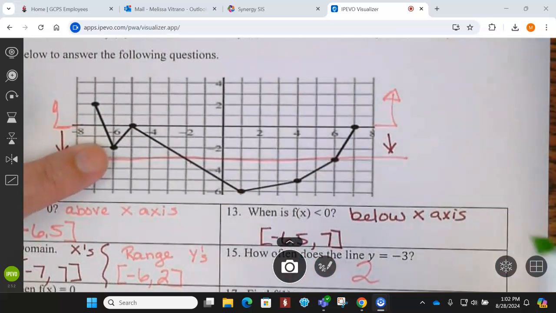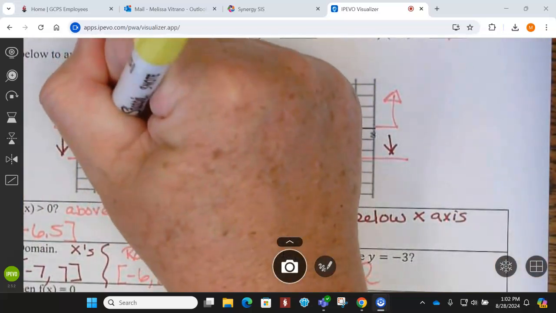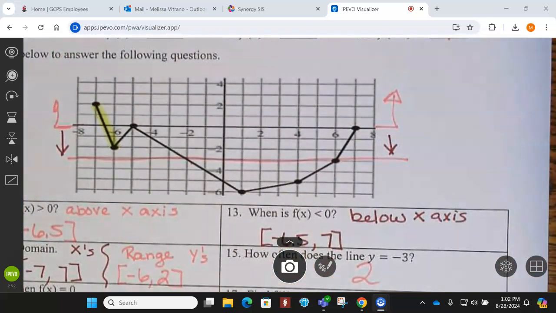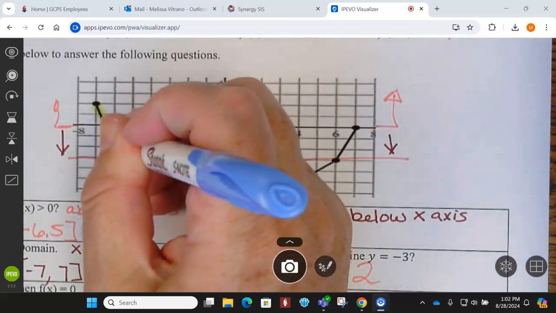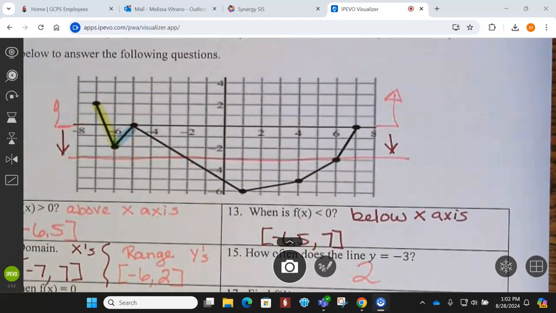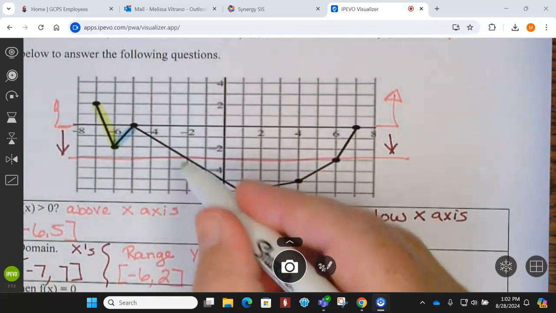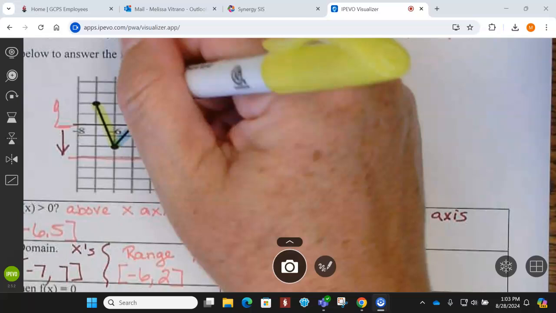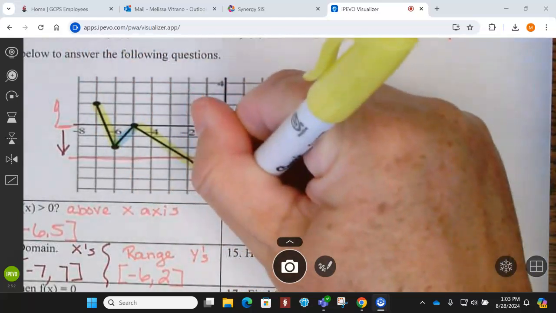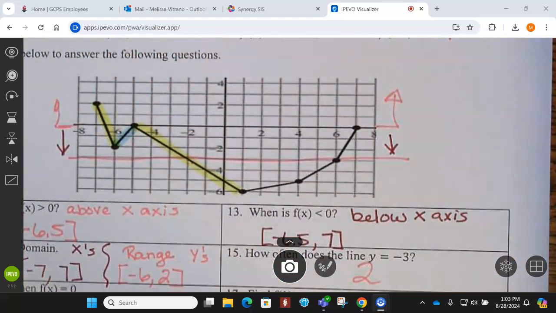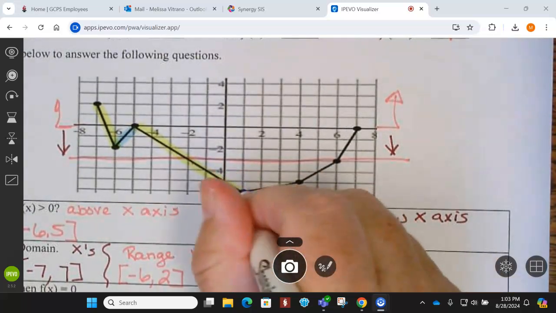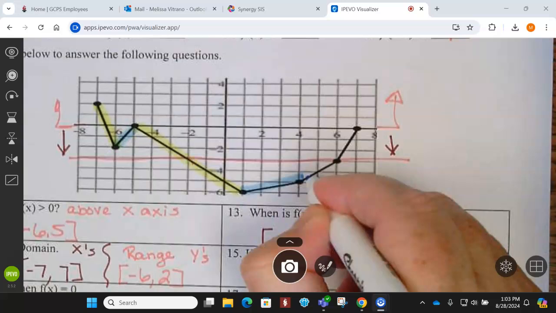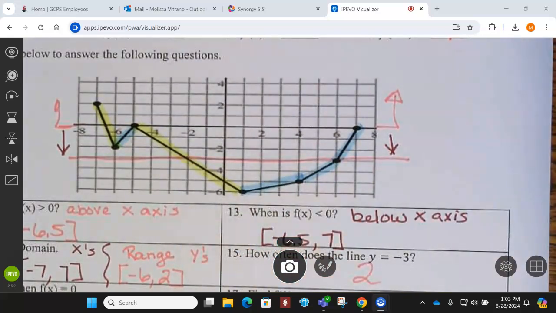And notice I'm going down, so this is a decreasing color. Then notice what happens here. I do a little increase. Then notice what's happening here. We're going down again. Now we're going up. And up again. And up. Okay.